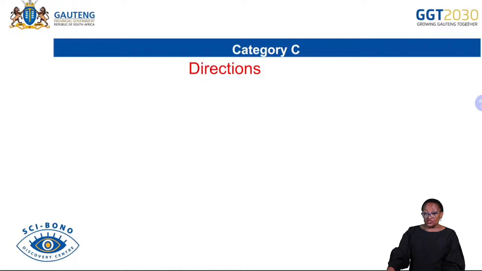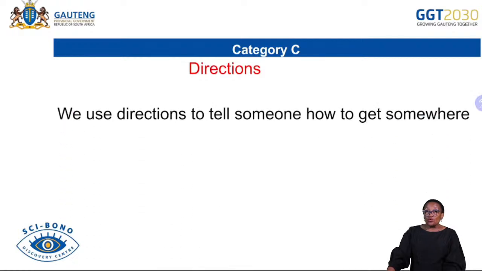Let's have a look at directions. We use directions to tell someone how to get somewhere. I'm not too sure if today we still use a set of instructions to direct someone, because I know most of you use Google Maps, so we no longer are writing a set of instructions where we would direct a person.